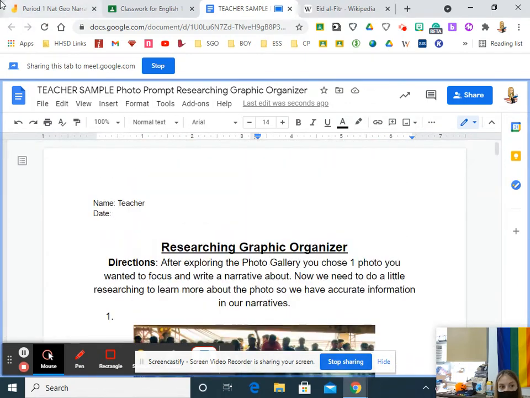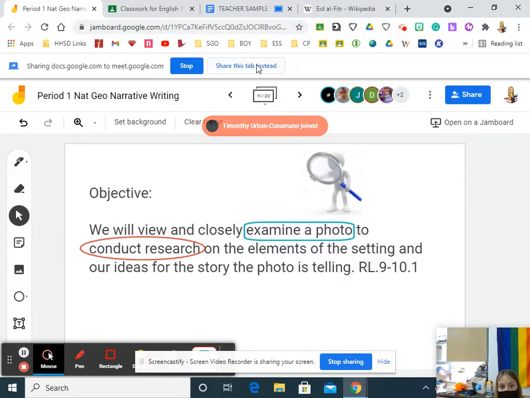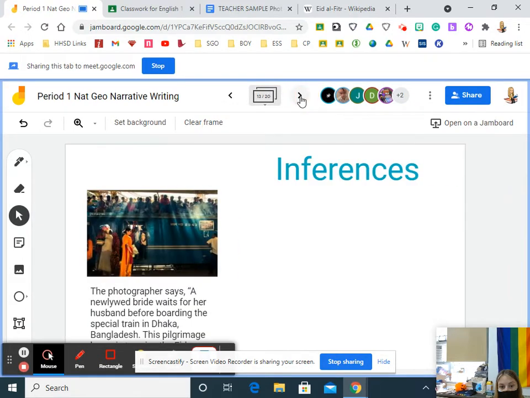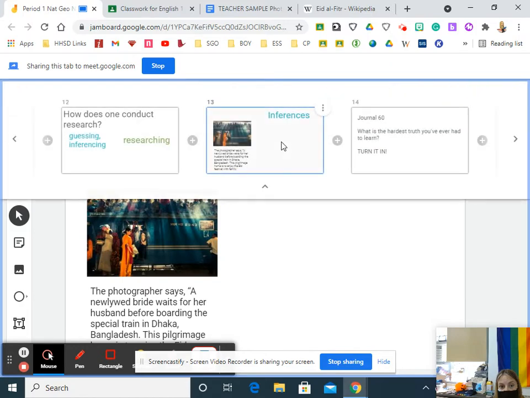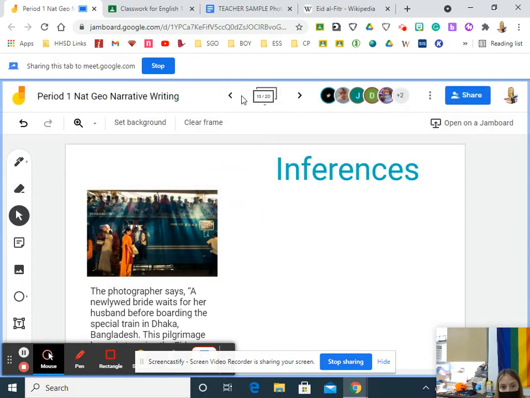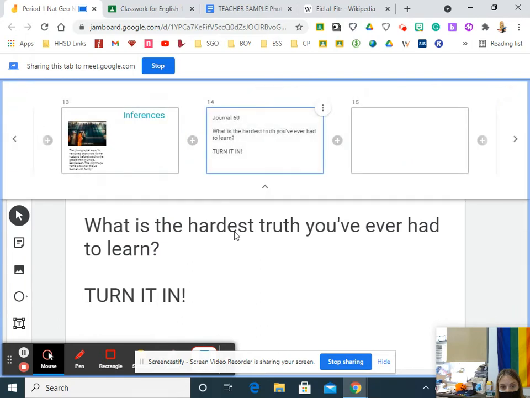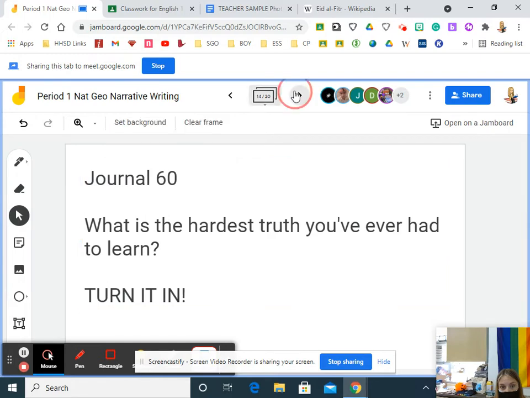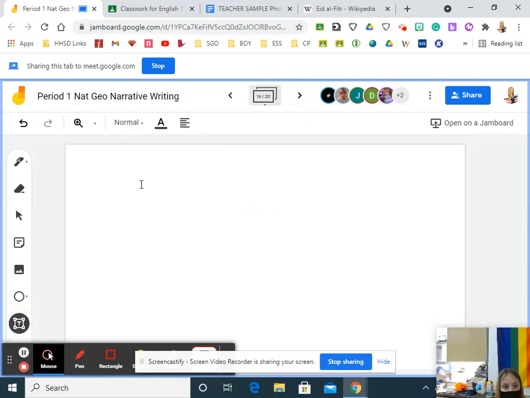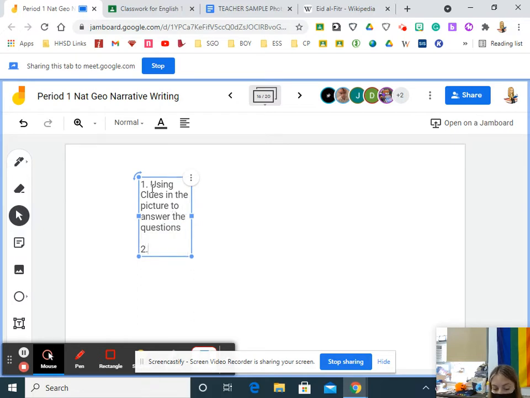So let's just review very quickly what we just talked about. We talked about using clues in the picture to answer the question.